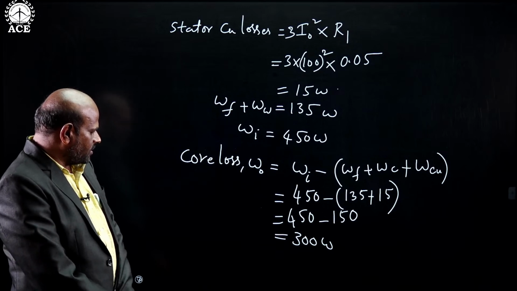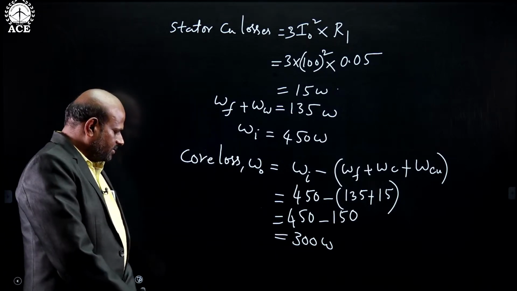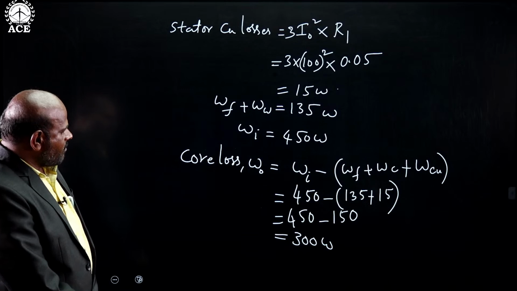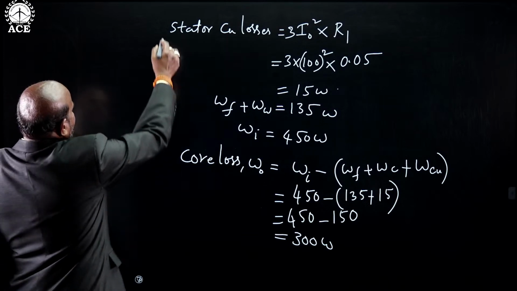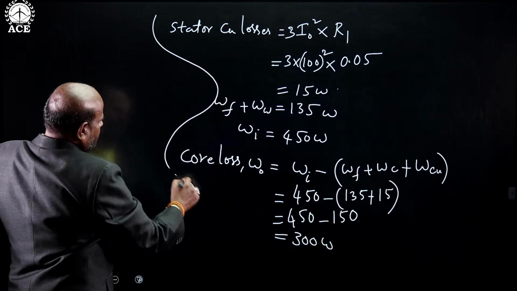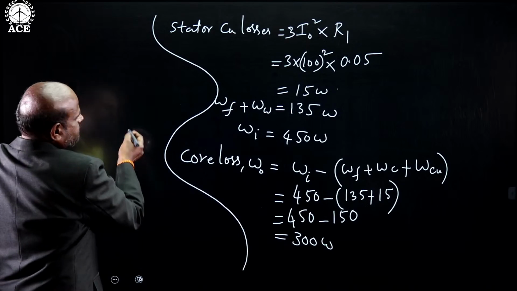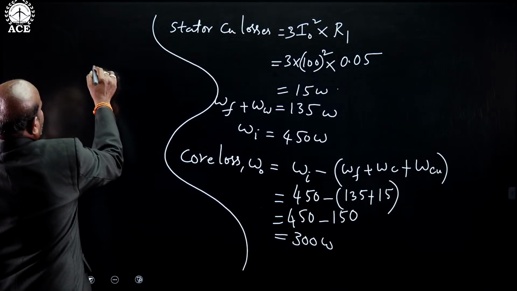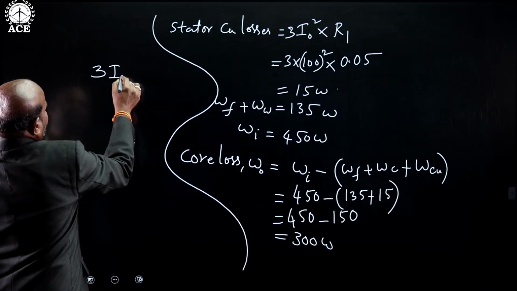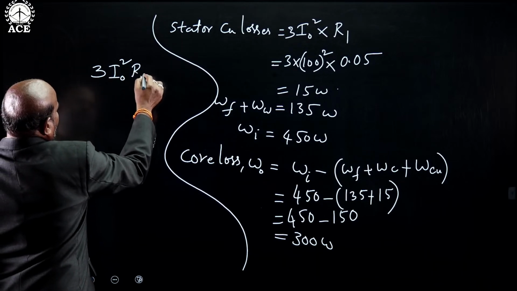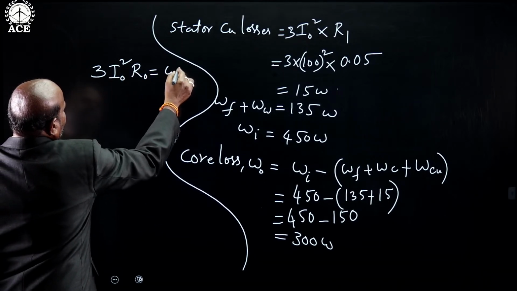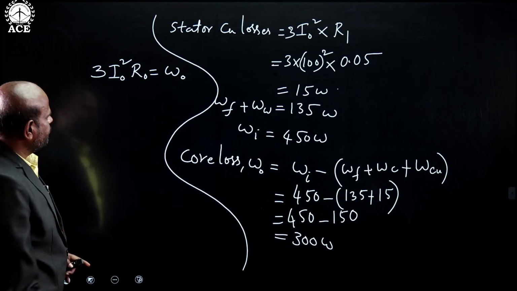So by knowing this core loss component, you can find out what is R naught. We know that 3 I naught square R naught is equal to core loss.